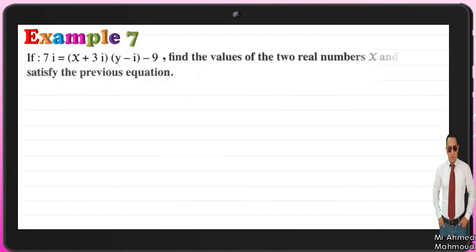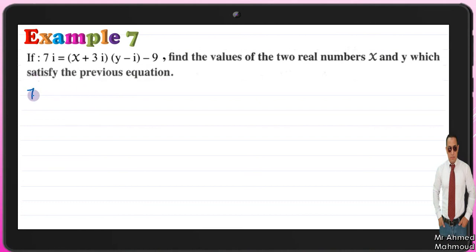In this example, 7i equals 3 minus xi times y minus i, minus 9. Find the value of x, y which satisfy the previous equation.